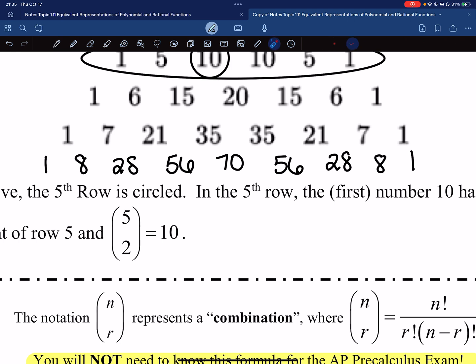So if we think about it, this would be the x to the 8th term, x to the 7th term, x to the 6th, x to the 5th, x to the 4th, and x to the 3rd.